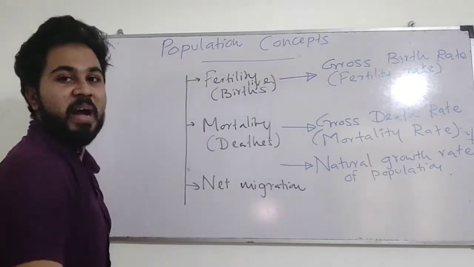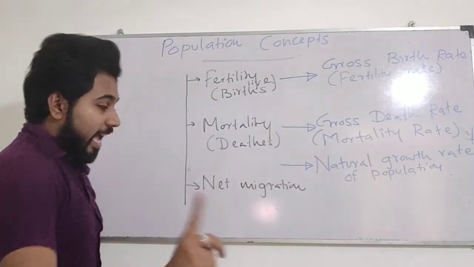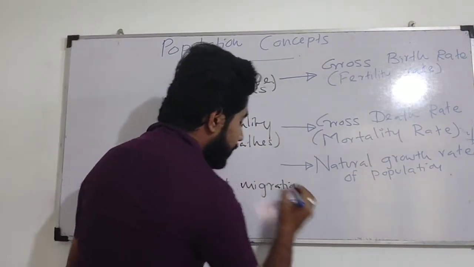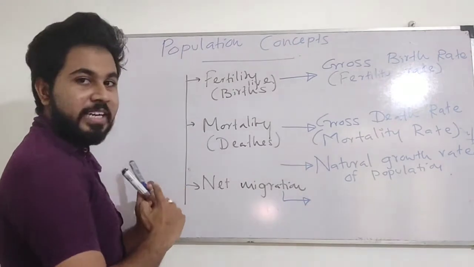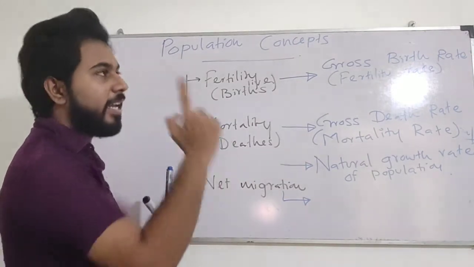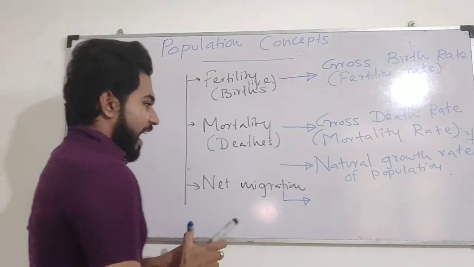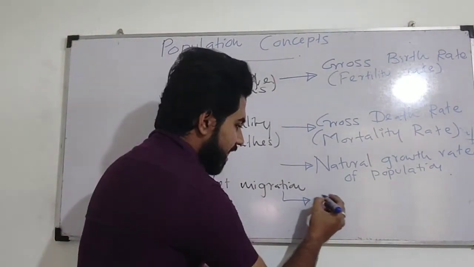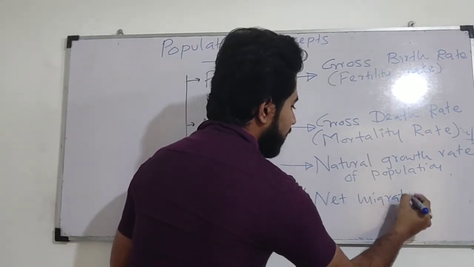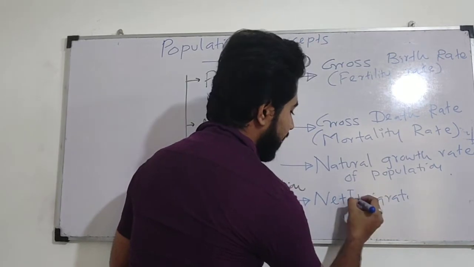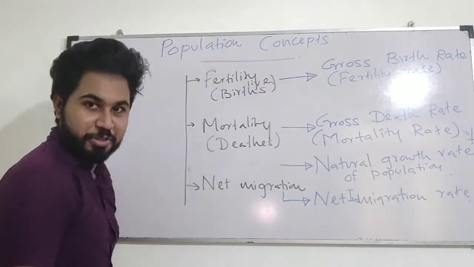We will discuss this part after discussing the fertility rate and mortality rate. And then, with regard to net migration, how did we calculate net migration? It is the difference between immigration and emigration. So with regard to this one, we will discuss the net immigration rate.